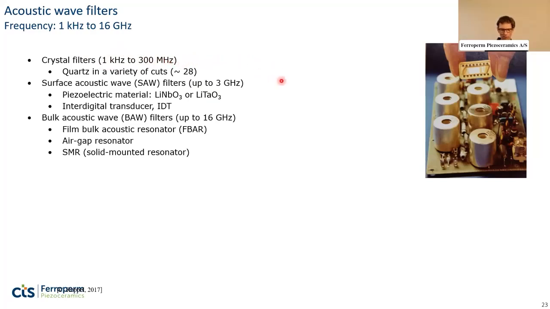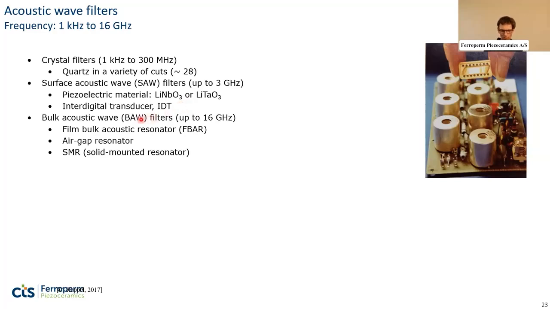More recently, in the last couple of decades, surface acoustic wave filters have been developed, and these may be up to, for example, 3 gigahertz, using materials such as lithium niobate or lithium tantalate. Generally, this will use an interdigital transducer with an electrode pattern with the single lines being in this interdigital pattern.